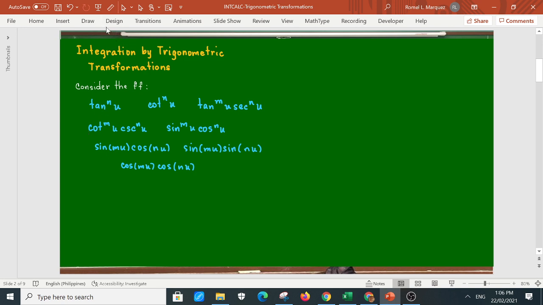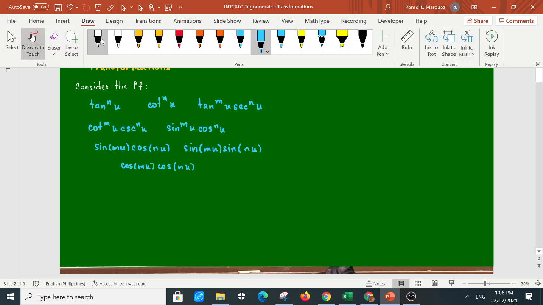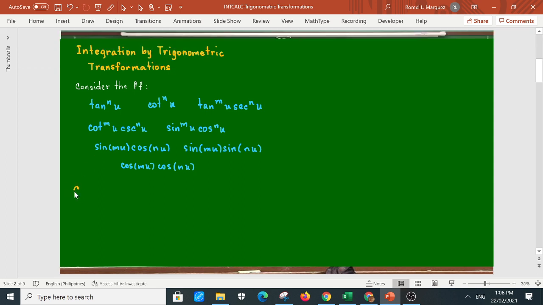Okay, let's start with case number 1, or type 1, as some books call it.